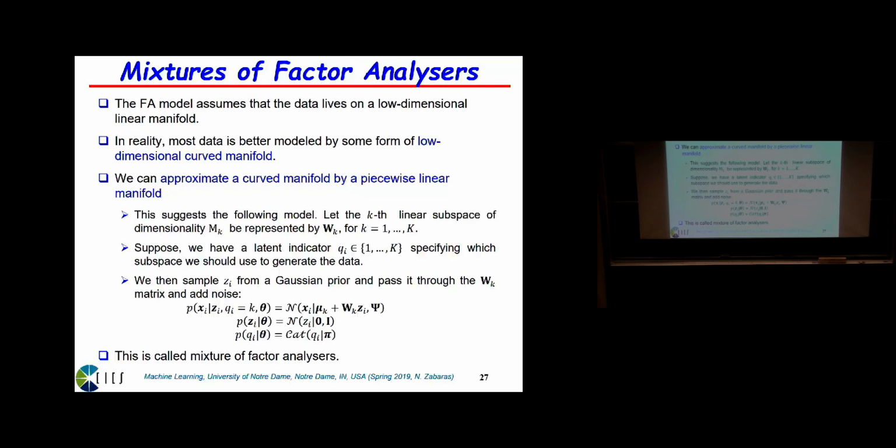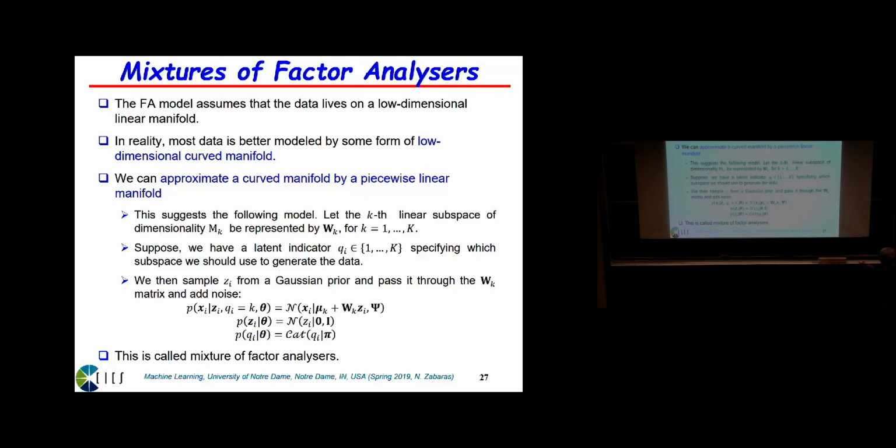So obviously I'm going to use a mixture of these models, and q equal to k tells me to use the k-th mixture. And for the k-th mixture, I'm going to have parameters mu and W that have an index k, and in this case, to make simplifications, I'm using the same psi.